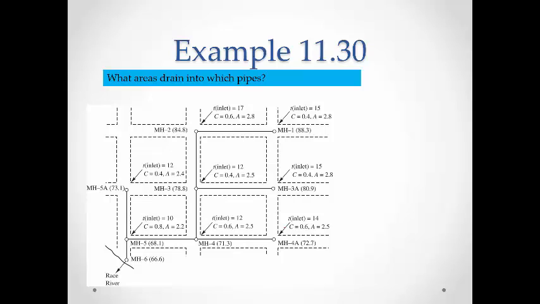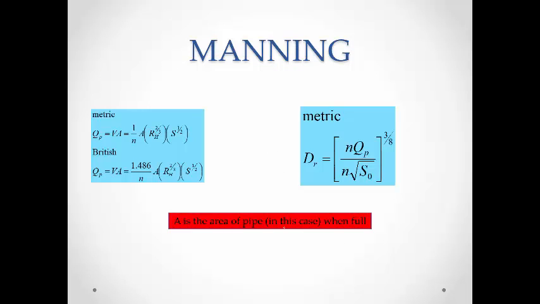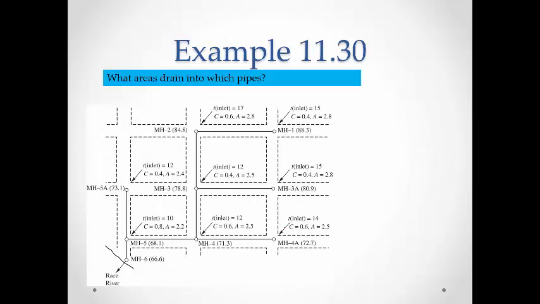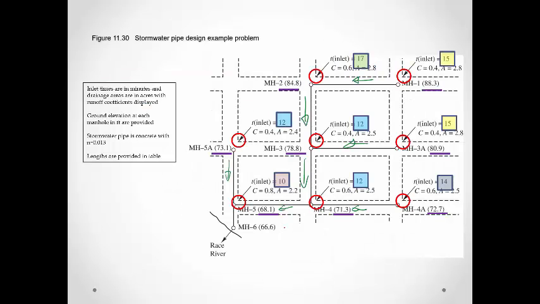Okay, and this is really important because you have different blocks like you would in a city, right? And then you have to look at different manholes that are in this location, right? Let me see. I thought I had a drawing with, yeah, I think it's this one. So here you have the stormwater pipe design example, but we're not going to go into that.